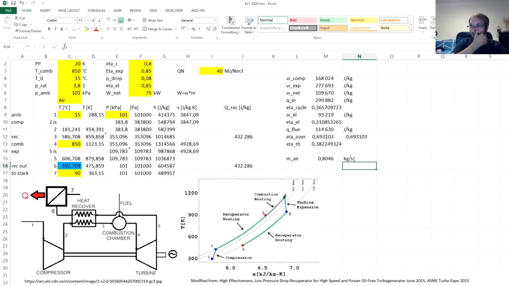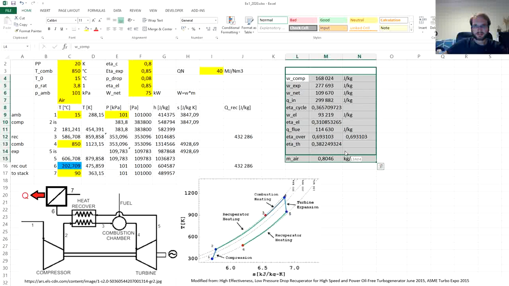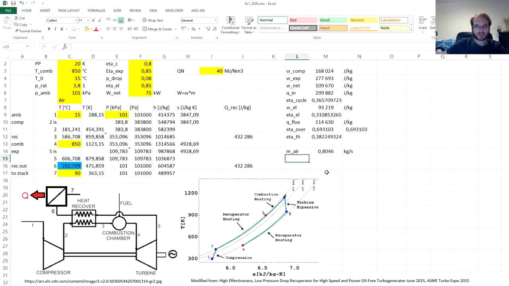And now how much of the fuel do we need to supply into the system? So let's calculate at first the heat input.